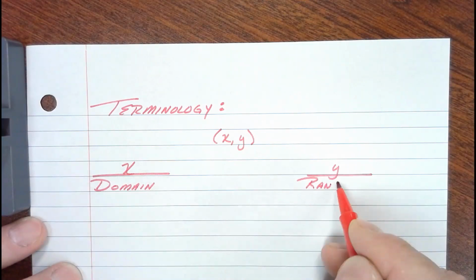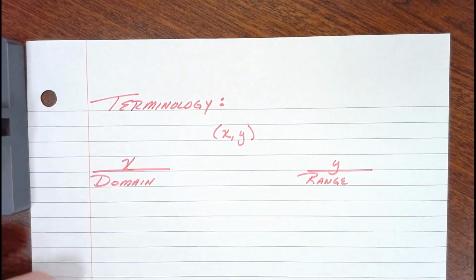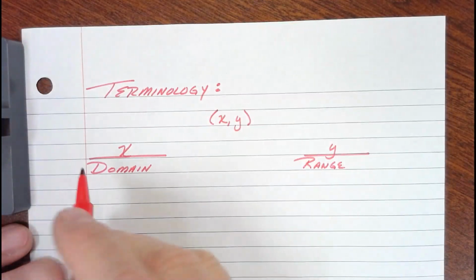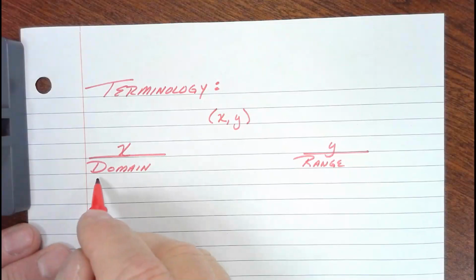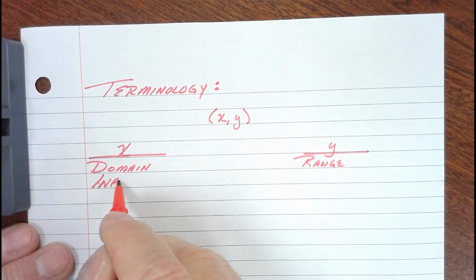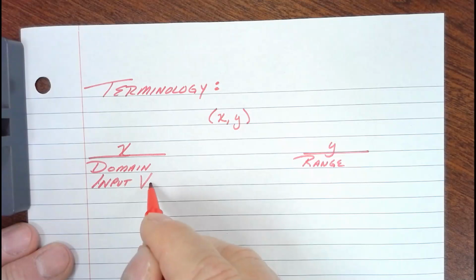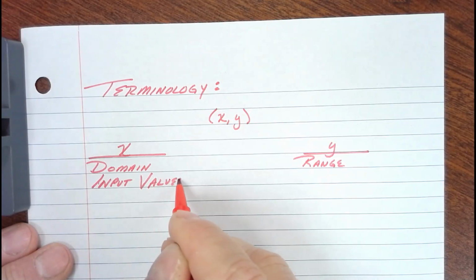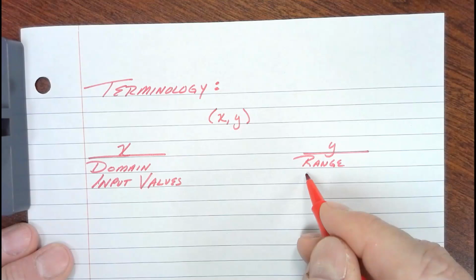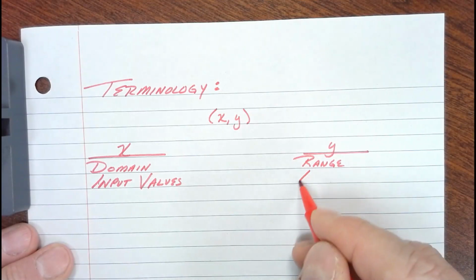And the y values are the range. But what was new last time was that we talked about the x values as being the input values, and the y values being then the output.